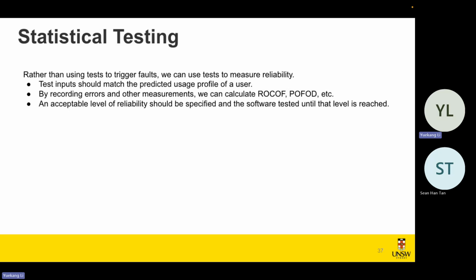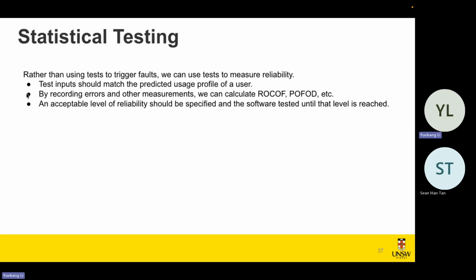Just now we talked about the difference between the removal of faults and improving the user experience, right? Removing bugs doesn't always improve user experience because sometimes we are removing bugs in features that are rarely used, right? So we should create test cases that match the usage profile.